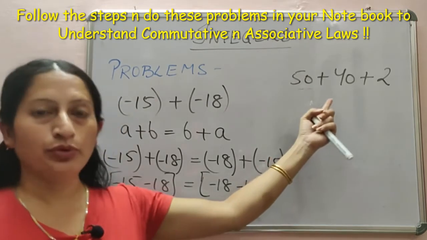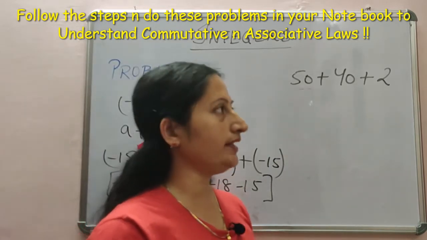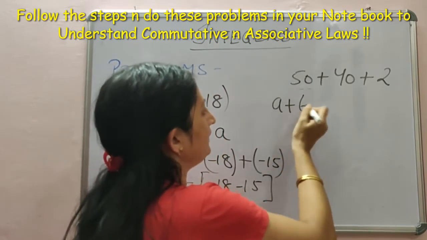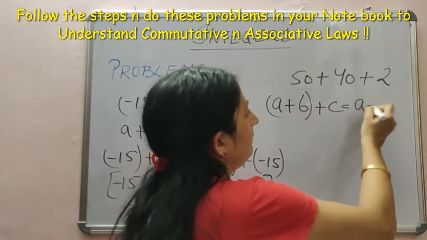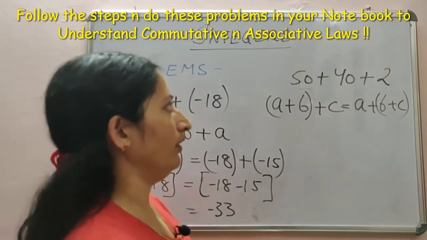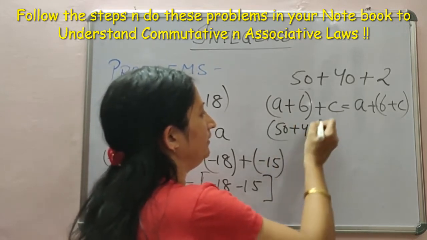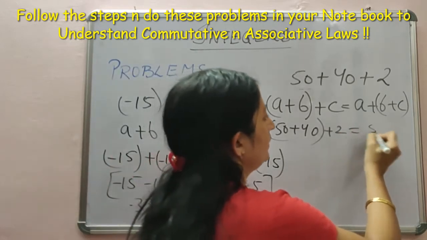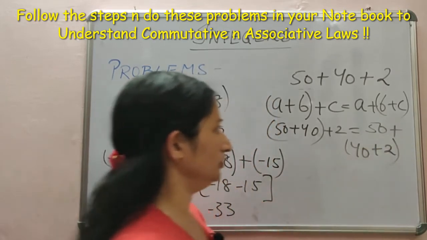Now let's prove by this question the associative law. As per associative law, I think all of you remember this, that (a plus b) plus c should be equal to a plus (b plus c). That is your associative law. So we can write in the same manner this, that is (50 plus 40) plus 2 should be equal to 50 plus (40 plus 2).